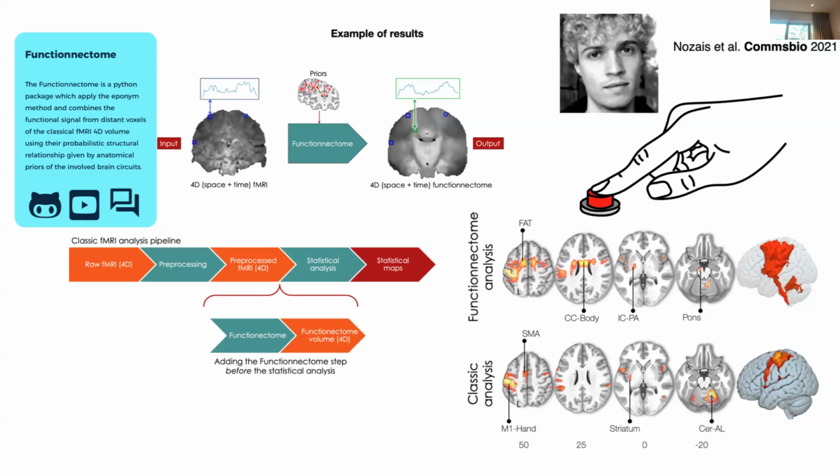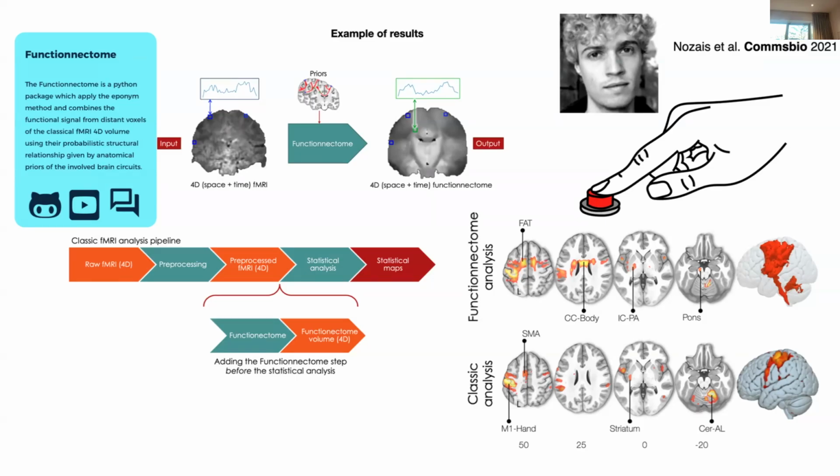And you use this information to do a weighted average of the projection of the cortical bold variation onto the white matter. It is just a transformation of your raw time series bold signal, normalized to give a nice space, into a Functionnectome. So it's a transformation of the data.